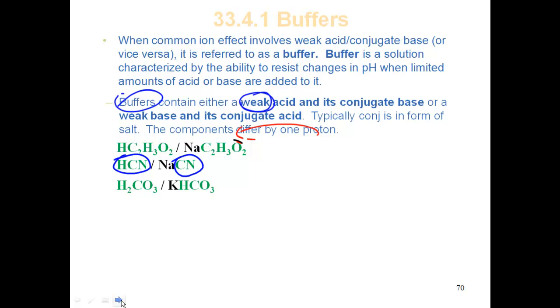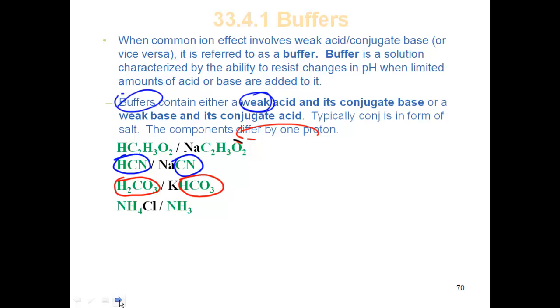Well, it's a weak species, and it has a conjugate base, HCO3 minus, that differs by one proton. So yes, that's a buffer. H2CO3 and HCO3 minus are a conjugate acid-base pair.